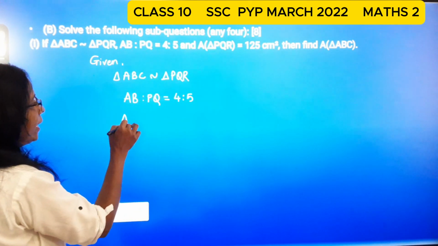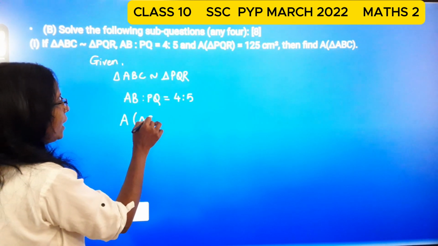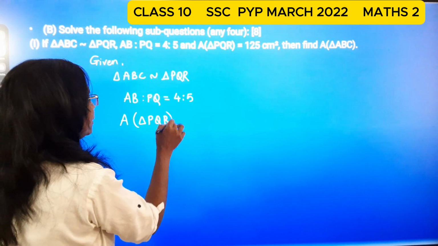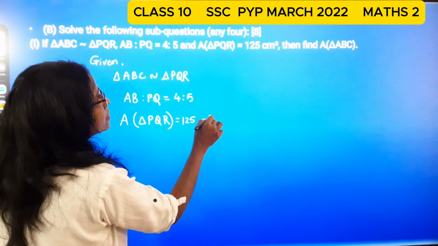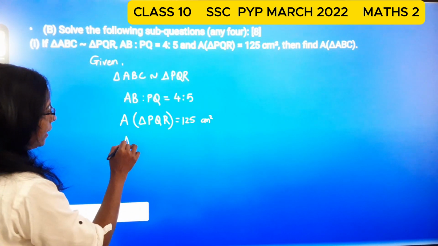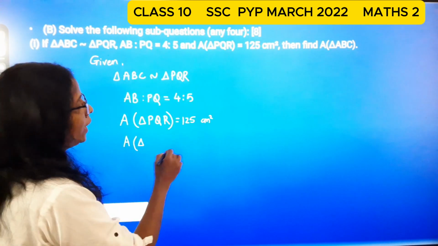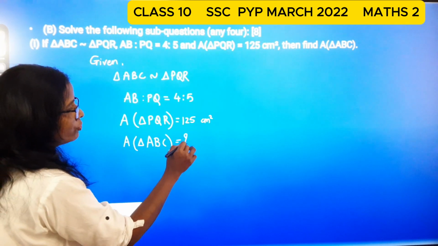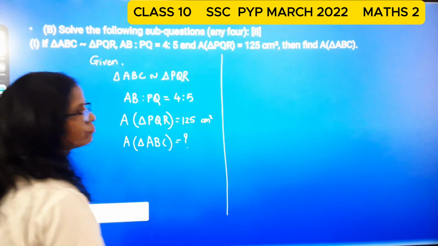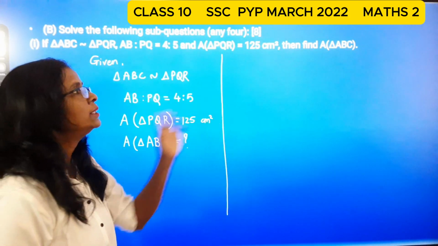And here area of triangle PQR is equal to 125 square centimeter. And we have to find area of triangle ABC. Area of triangle ABC is equal to question mark. So on the basis of the given information, we solve this.